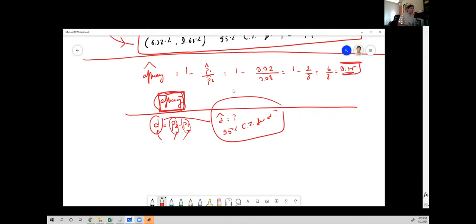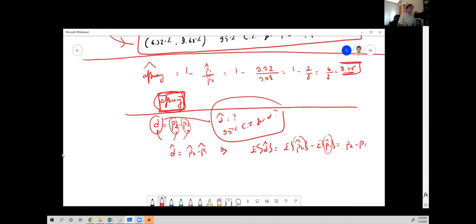One thing that's straightforward in my mind is I'm going to use D hat as P2 hat minus P1 hat. Let's see whether I am justified in using this estimator. If I take the expected value of D hat, it's going to be equal to expected value of P2 hat minus expected value of P1 hat, and it's going to be equal to P2 minus P1. Since I'm using maximum likelihood estimators here, their expected values are equal to P2 and P1.